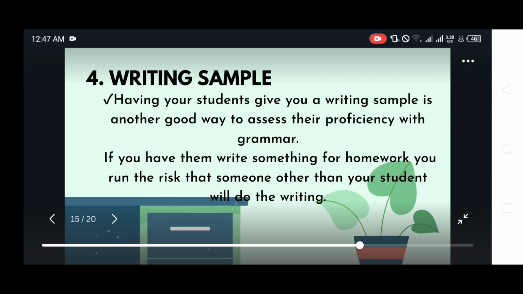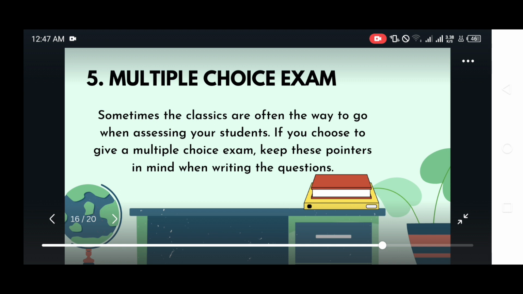The last one is the multiple choice exam. Multiple choice exam is very popular. So how can a multiple choice exam help us assess grammar skills?